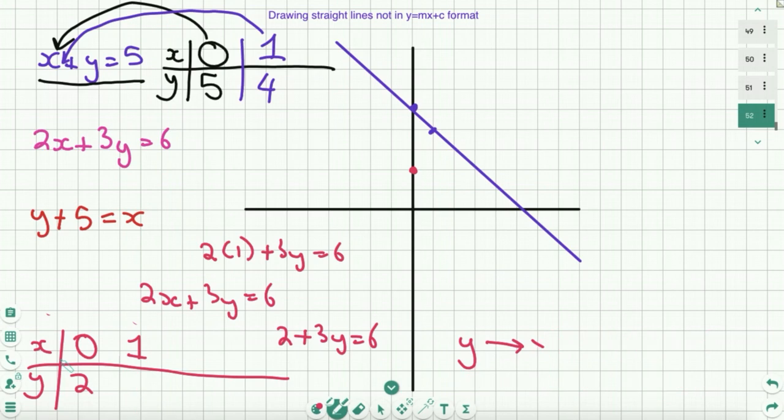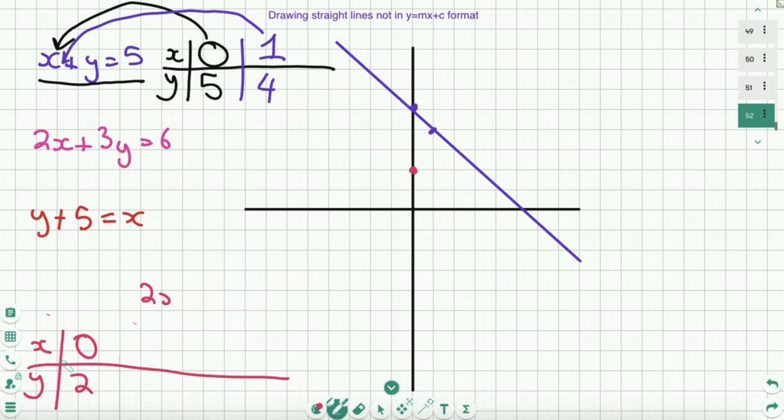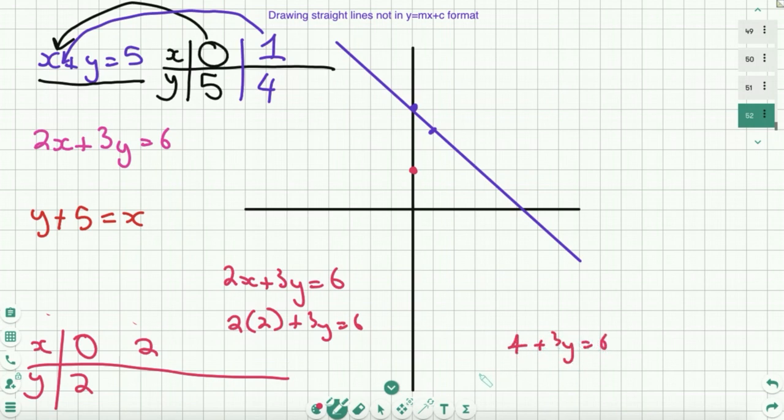So let's start from the beginning. Let's say x is 2. So 2x plus 3y equals 6. I'll replace x with 2, so 2 times 2 plus 3y equals 6. So 2 times 2 is 4, so 4 plus 3y equals 6. Let's draw our function machine.